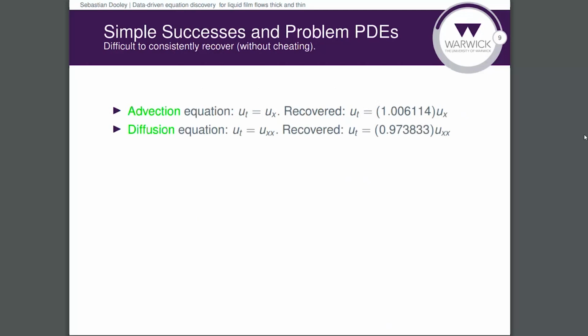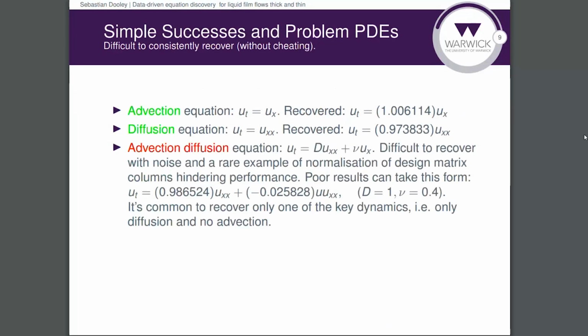And then once we got excited that it worked on the really basic cases, we thought of some more potentially problematic PDEs. And the advection-diffusion equation was kind of a natural next step. That one became quite interesting because typically when you do your sparse regression, we would normalize the columns on that big matrix A or theta.